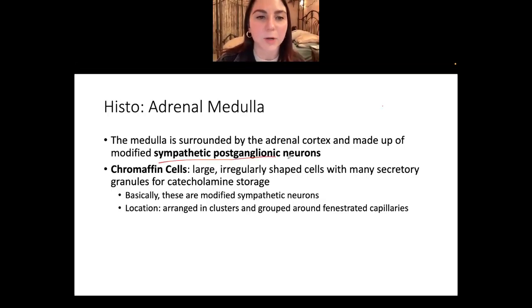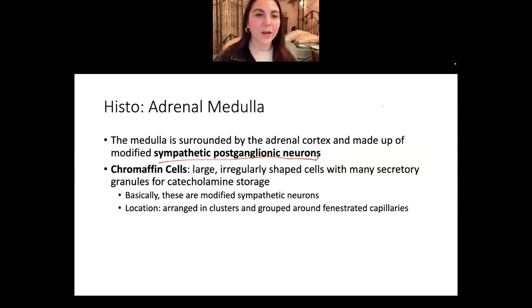This is the same as what we did at the very end of when we talked about OMM for GI, and we talked about sympathetic postganglionic neurons, T5 to T9, all those things. So those sympathetic postganglionic neurons are primarily what make up the adrenal medulla.